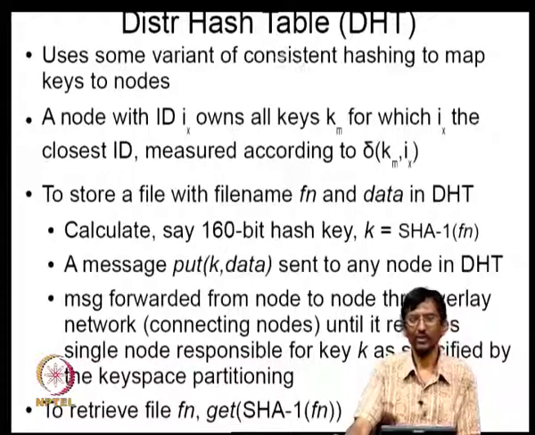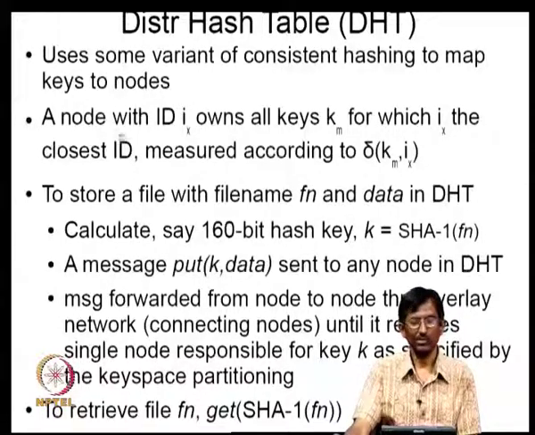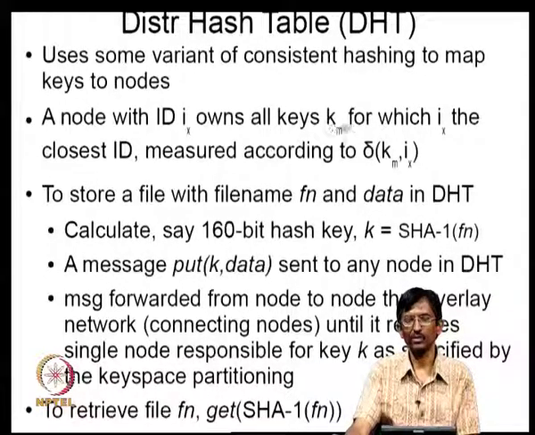Basically what we are doing is we are trying to hash the keys to nodes. So what do we do here? You have a node with ID, let's say IX. It owns all keys Km for which IX is the closest ID, and there is some kind of nearness measure which gives you that information.